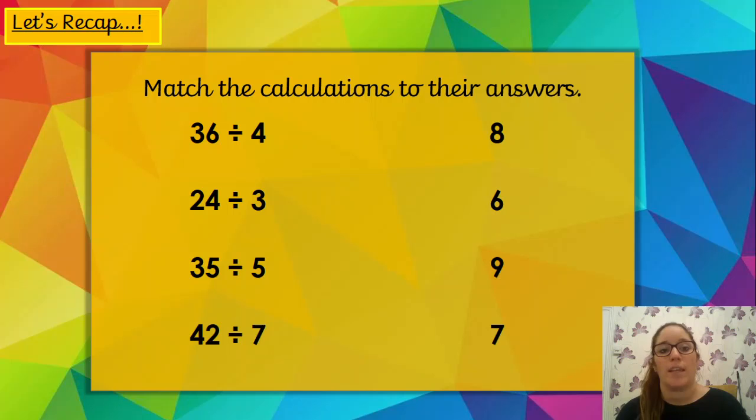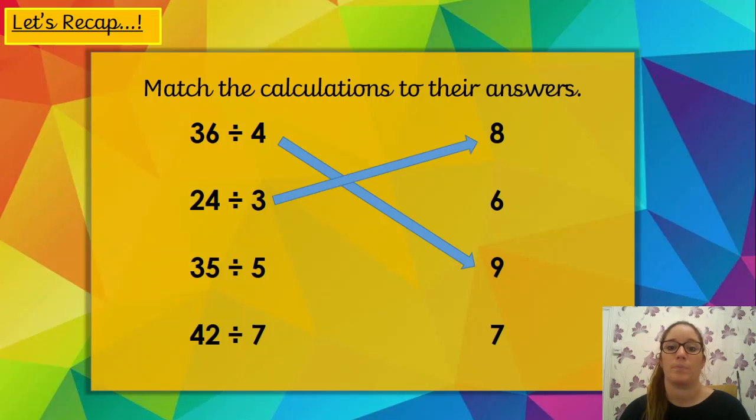Let's move on then. So we're going to recap with some division facts. So 36 divided by 4. What's 36 divided by 4? That's 9, because 9 times 4 is 36. 24 divided by 3 is 8, because 8 times 3 is 24. 35 divided by 5 is 7, because 7 times 5 is 35.